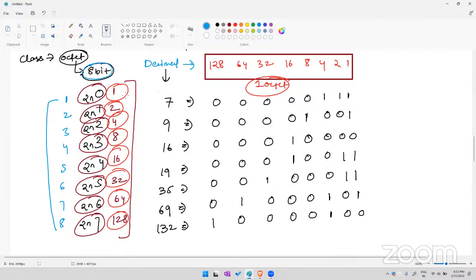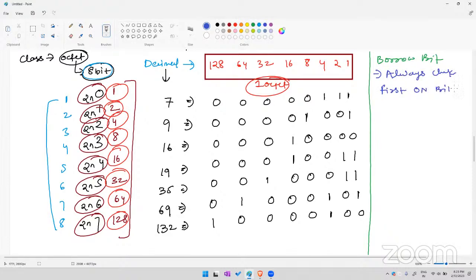Now, whenever we learn the borrow bit concept, how to get the borrow bit concept? On this side we learn borrow bit. Borrow bit means always check, remember this theory, always check the first on bit position number.